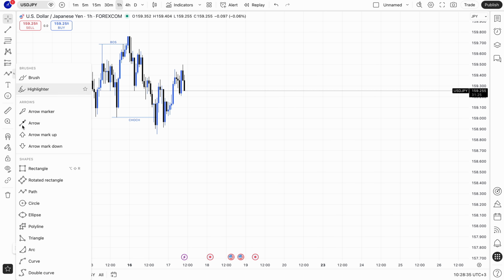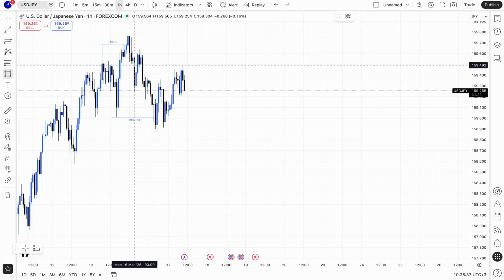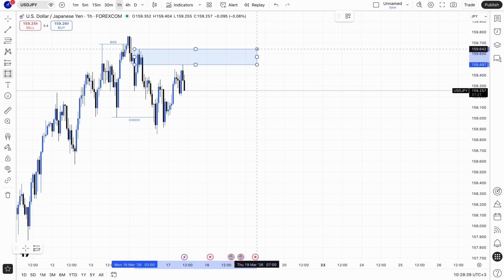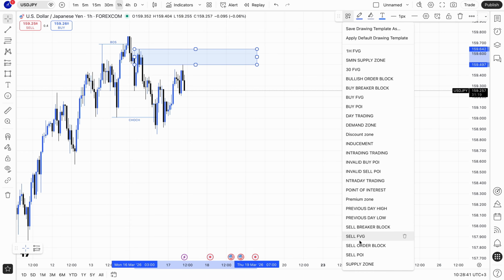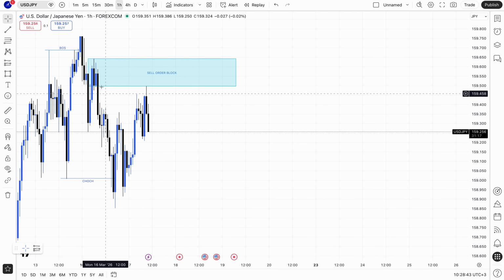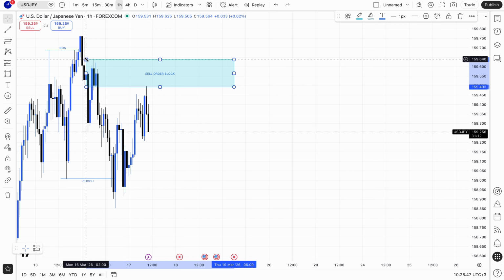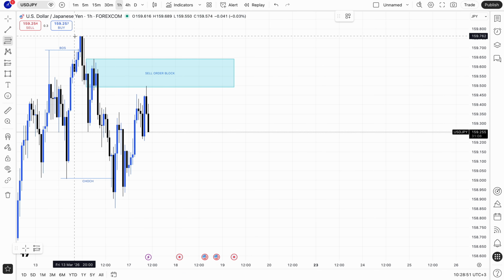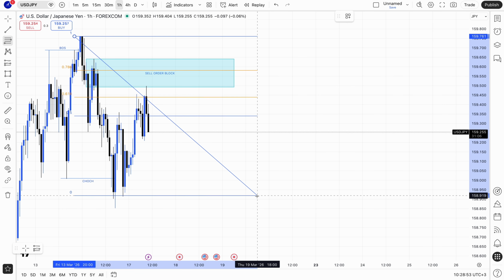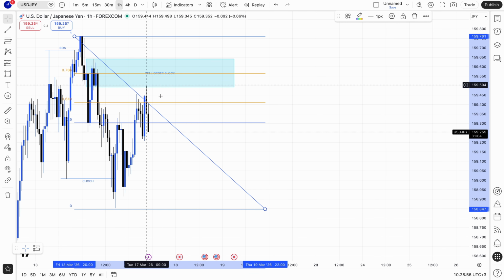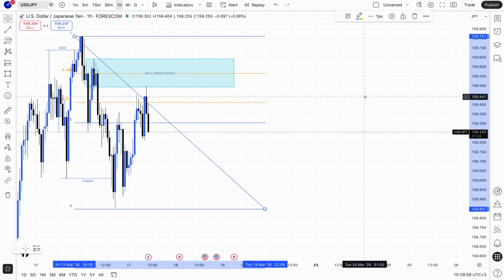And then in that same leg, we had our sell order block, which is this one. That order block is just inside our premium zone. You can see it just inside our premium zone.